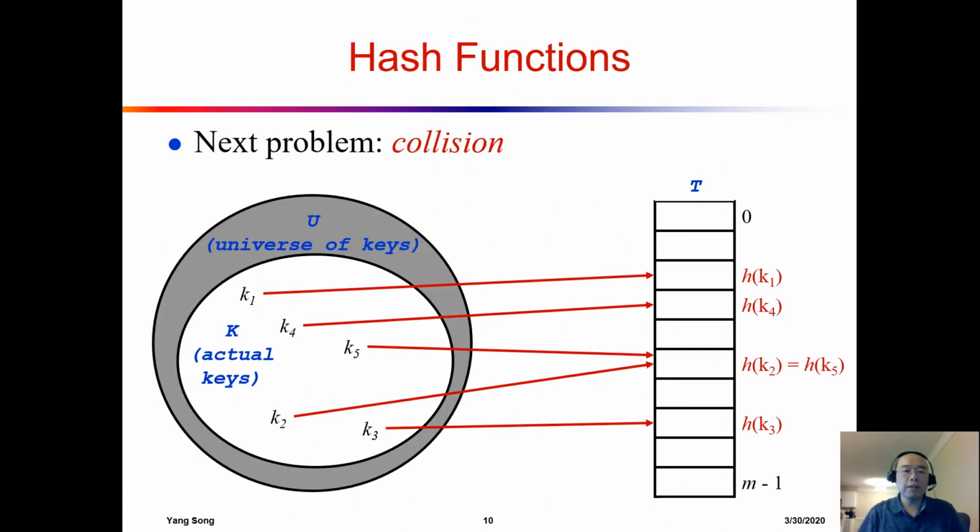The concept is, even though the universe of keys could be very large, when we are creating a table from 0 to m minus 1, the table size m should be much smaller than the possible range of the keys. And this is the hash function. A hash function is how we map a key to a corresponding slot in the hash table.